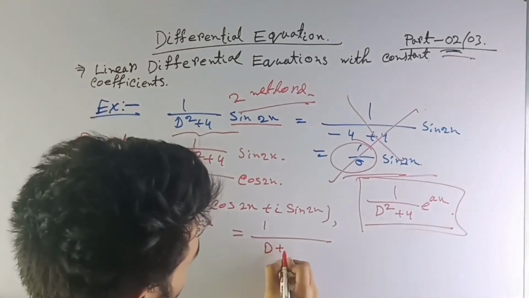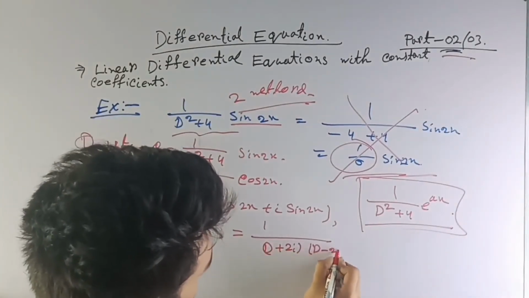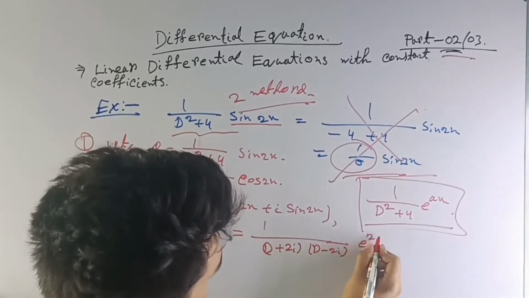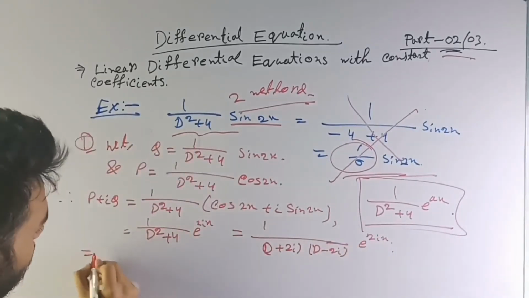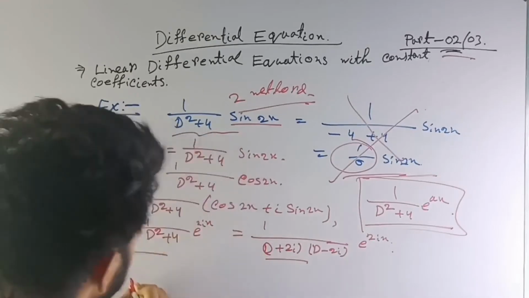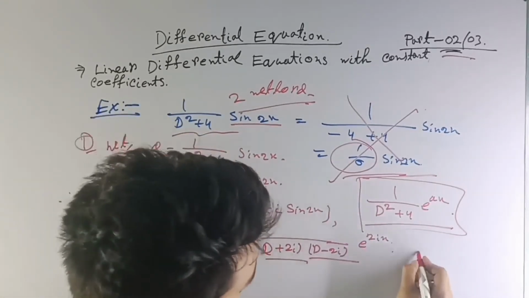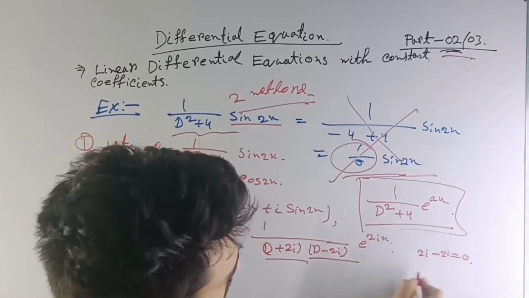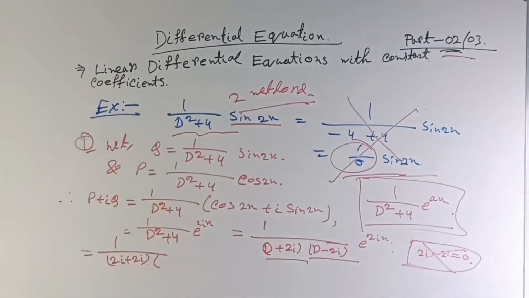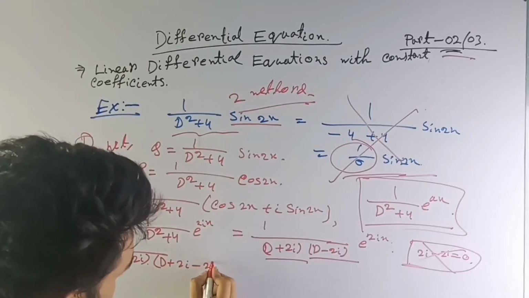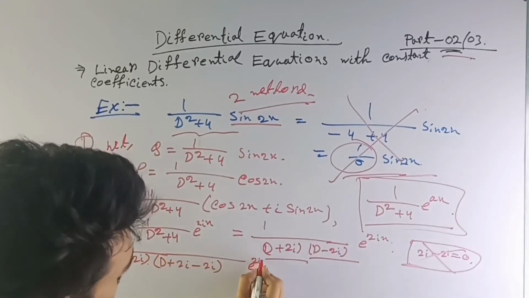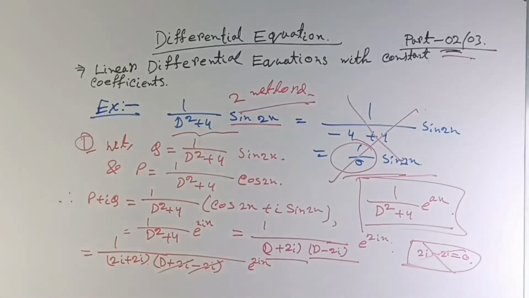So now 1 by D plus 2i and D minus 2i. I also watched that a square plus b square, that means therefore 2i plus 2i and this also 2i minus 2i equals 0, therefore it's not working. So therefore D plus 2i and D minus 2i of e to the power 2ix, that means this.